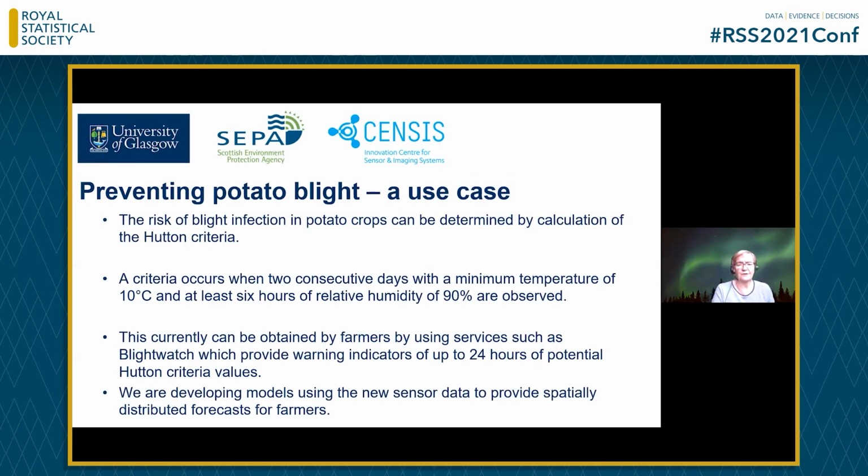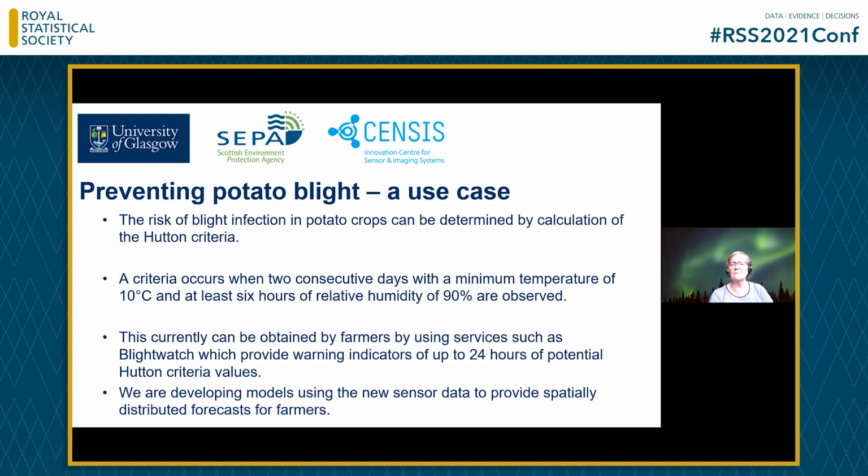Now, I mentioned the use case. I'm not going to show you the Hutton criteria, but it allows you to evaluate the risk of blight infection in potato crops. So commercially, it's really very important if you're a potato farmer. As I said, it involves temperature and humidity, and there are specific rules about when the criteria is flagged.